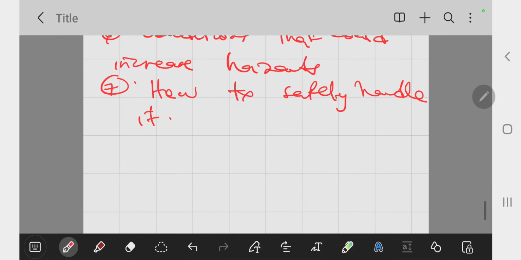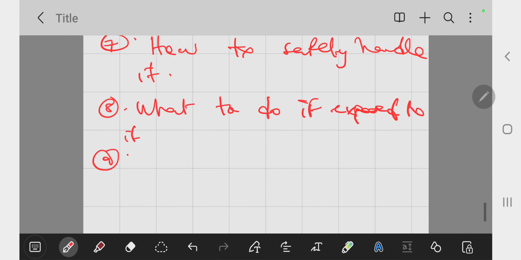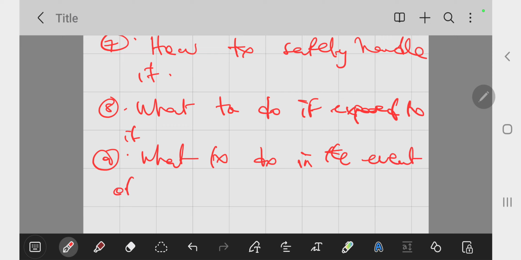And maybe we can even include other points, such as what to do if you're exposed to it, and lastly, what to do in the event of a spill.